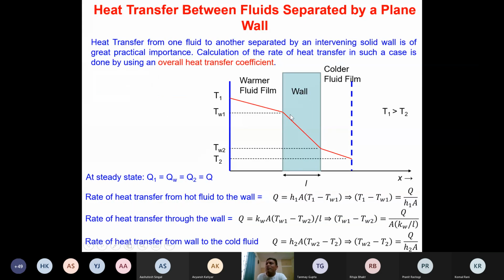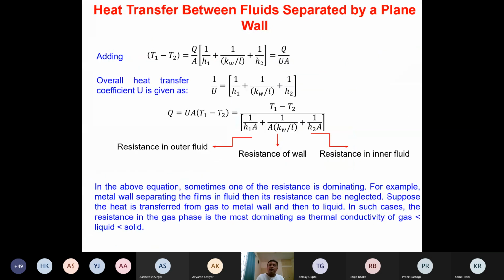If the solid wall is made of metal, clearly the conductivity of the metal is very high compared to liquids and gases, and in such cases the resistance offered by the metal wall is going to be very small, and this particular factor can be omitted, and I'm only going to have Q given as delta T A divided by 1 by H1 plus 1 by H2. That's it. This resistance will be omitted, whenever there is a metal wall.